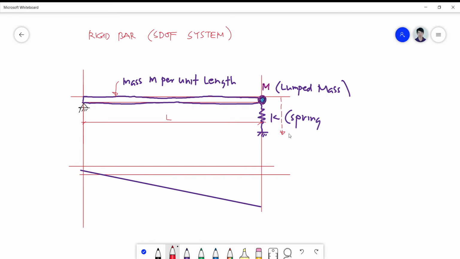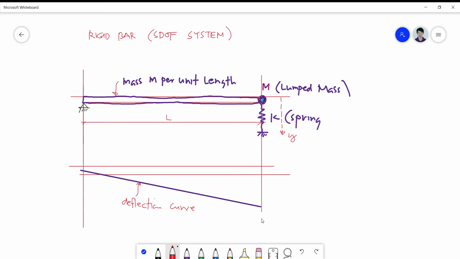So this is your y, and this bar is capable of vibrating up and down, so that your deflection curve, or simply your vibration curve, is represented by a straight line. Since the bar is rigid, this line is straight.